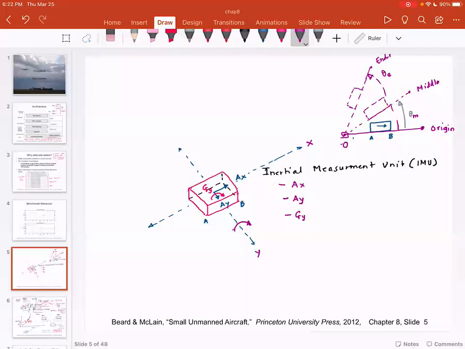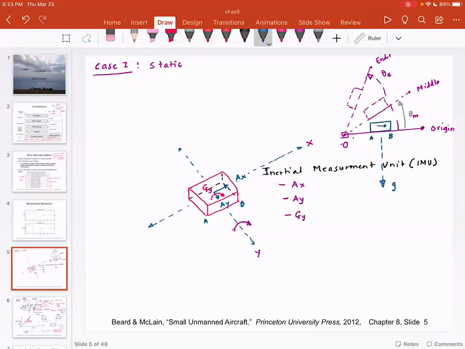Case one. In case one, it's static. What it means is initially it will be at the origin. If it is at the origin, you agree with me, the component of gravity is going to act in the vertical direction, and the component of gravity will always be acting in this direction.